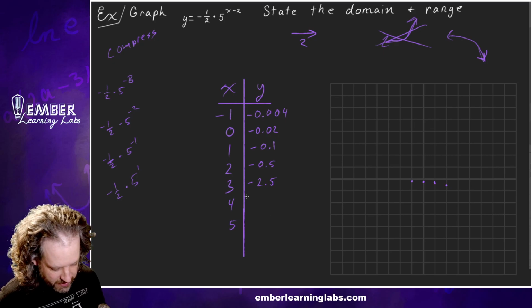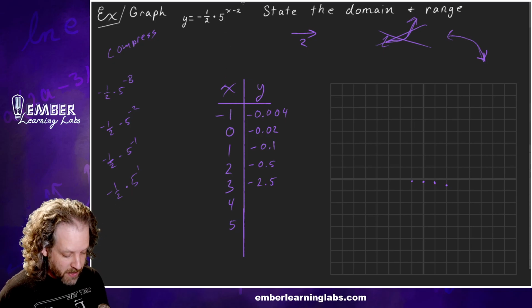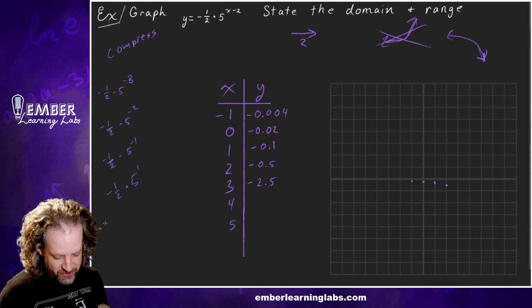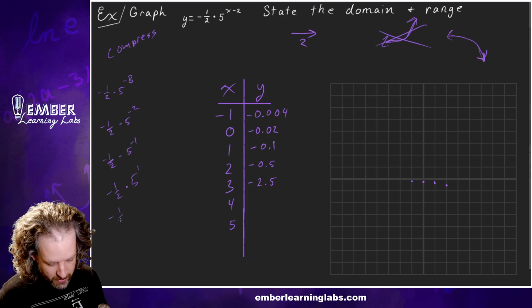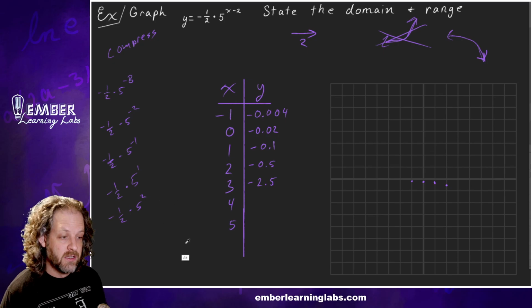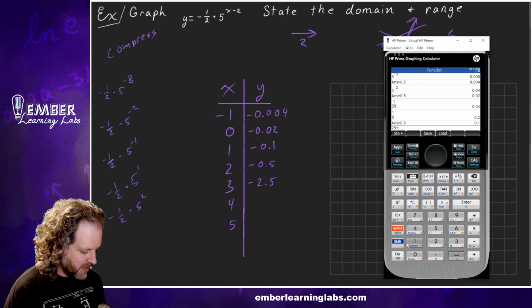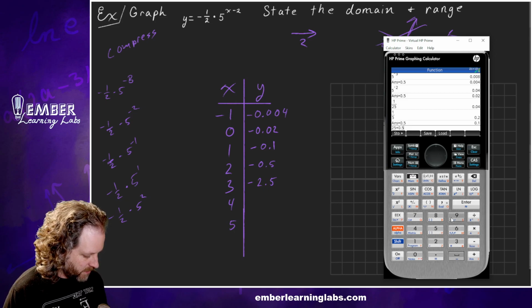So let's put a 4 in there. So 4 minus 2 is 2. So negative 1/2 times 5 squared. So that's 25 times 1/2, which, it's getting late, I don't know, my brain is not braining today. Times 0.5 negative.